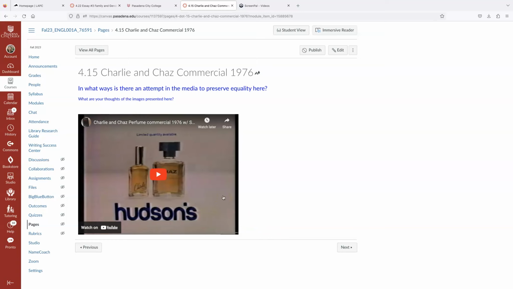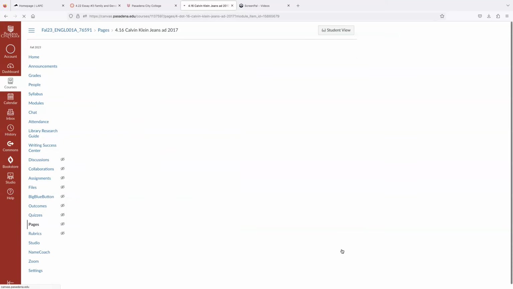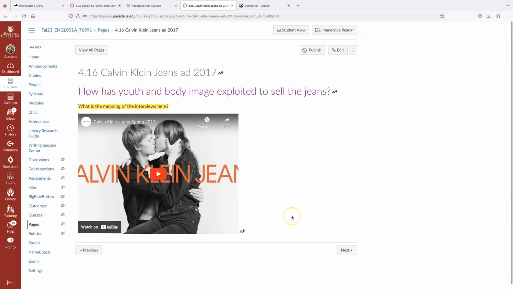What are your thoughts? Write these down because you're going to have a discussion on them, and you're going to have to include it somewhere in your papers. So just think about that. And the most recent commercial here is a Calvin Klein commercial, and I want you guys to think about how body images are being exploited, even in 2017, which is the most recent ad that I have for you.